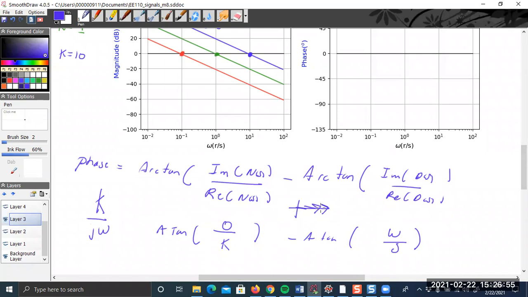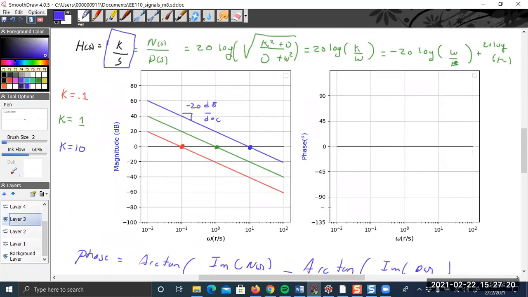So I just have a vector going that way, 0 degrees. Here, it's all imaginary, right? So it's 90, but we subtract it. So the phase is all minus 90. All right.